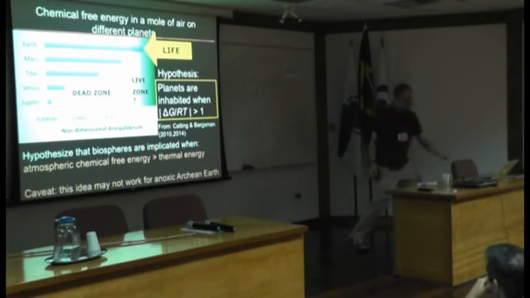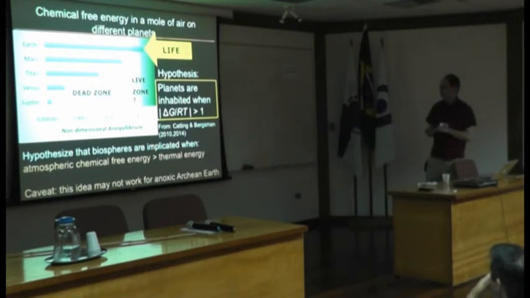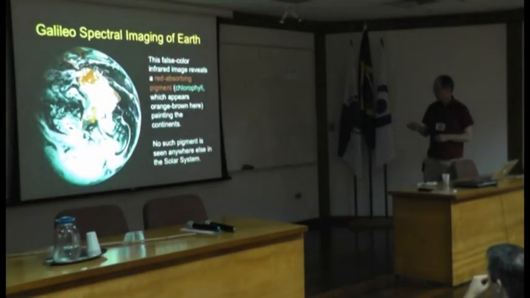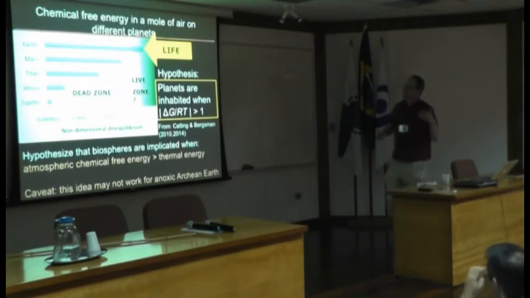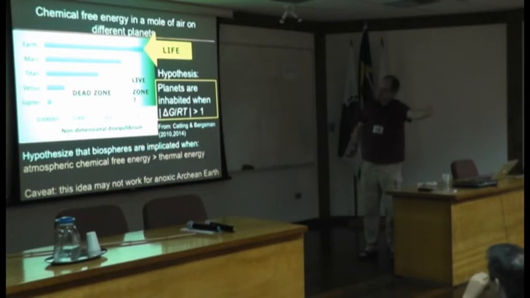And what's underneath is RT, just the thermal energy, which I've normalized to, because planets close to the sun get more free energy from the sun, so I wanted to try to normalize for that. This is a little arbitrary, but I just stuck RT in there, and then you get a non-dimensional number.